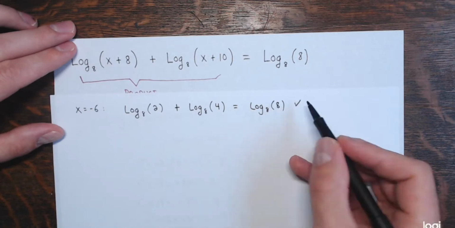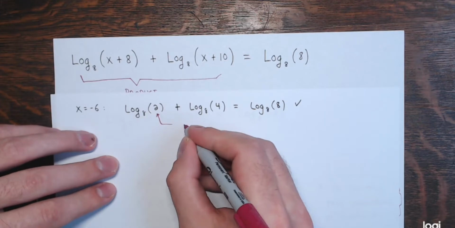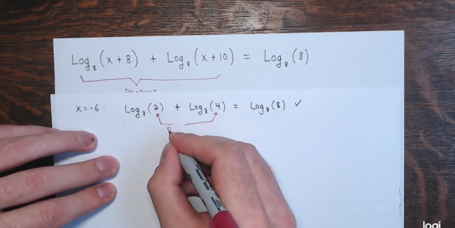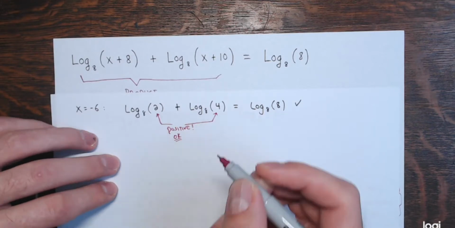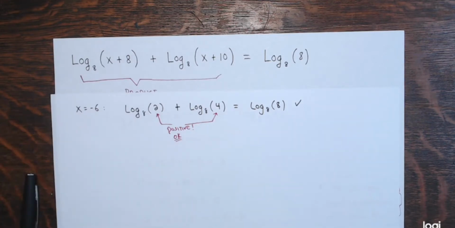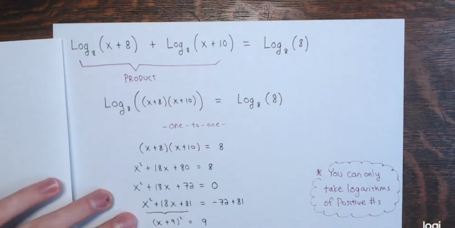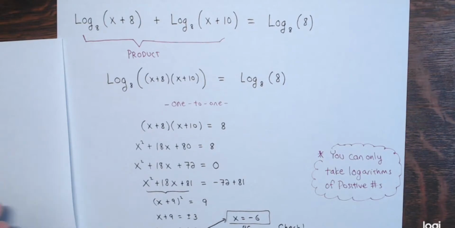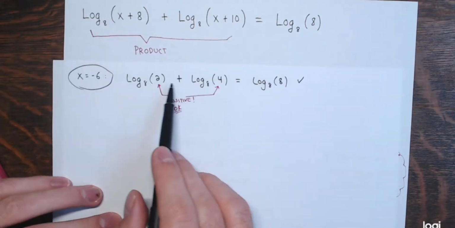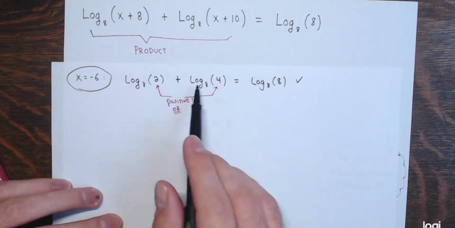This works, right? Both the inputs of the logarithms are positive. And if that's happening, that's okay. That's great. You can take logarithms of positive numbers. So negative 6 is a valid solution. And you can use a calculator to check as well. Punch in the left side, punch in the right side. Now you could also use the product rule and just say this is equal to log base 8 of 2 times 4, which is log base 8 of 8.